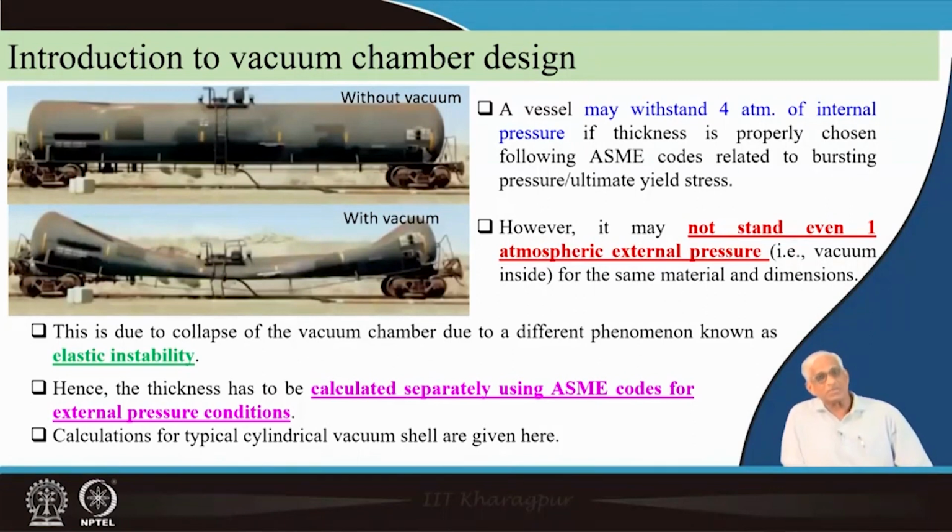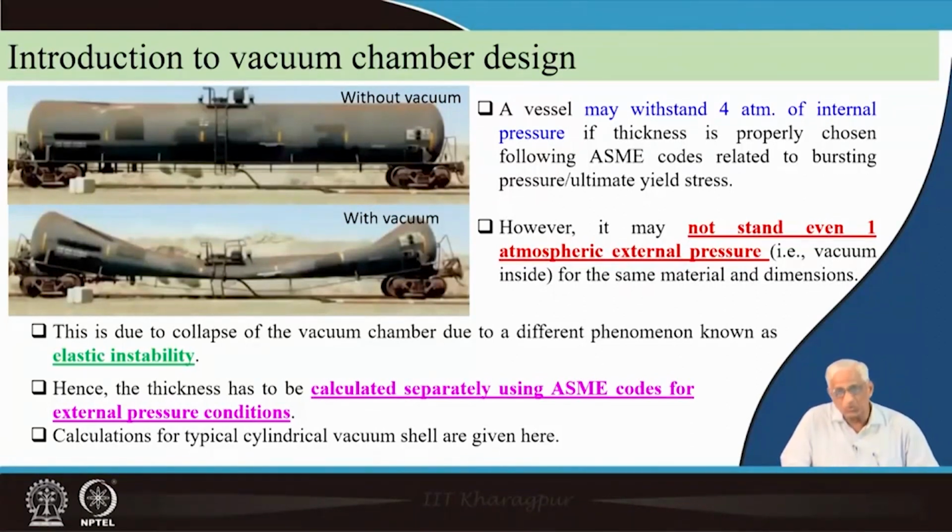And the collapse is taking place in a vacuum chamber from a different phenomenon. It is not like tensile stresses or hoop stresses in a cylindrical vessel. Here it is a different phenomenon known as elastic instability. Well, there is a lot of research for this study.